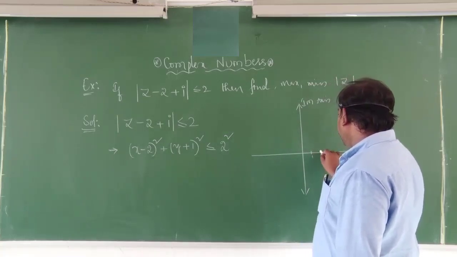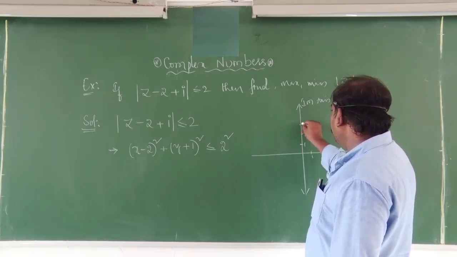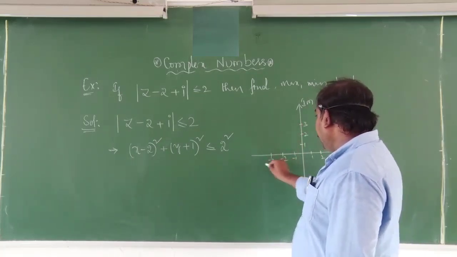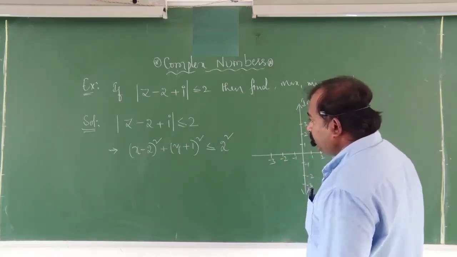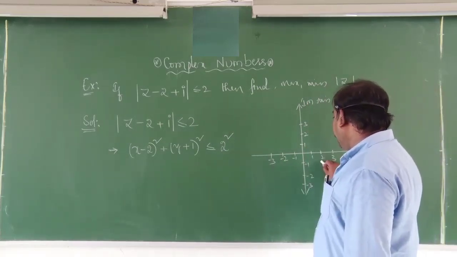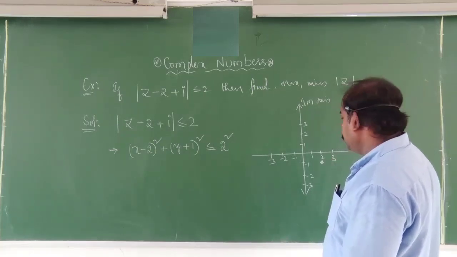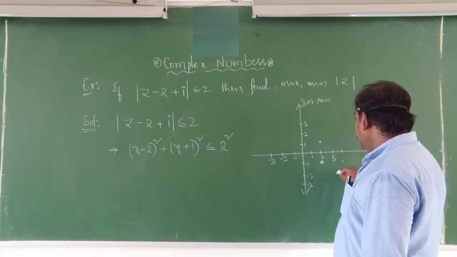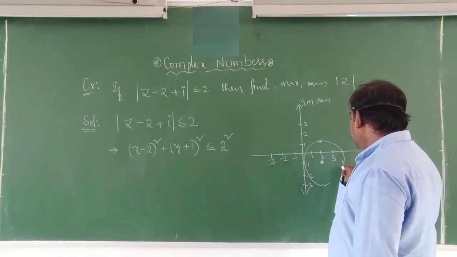Here 1, 2, 3, and here 1, 2, 3, and here minus 1, minus 2, minus 3, and here minus 1, minus 2, minus 3. The center is 2 comma minus 1, which is here, and the radius is 2 units. So the circle will be like this.